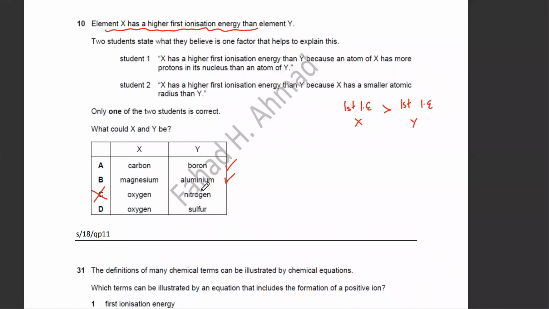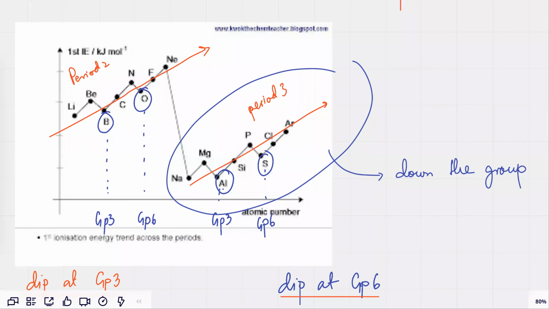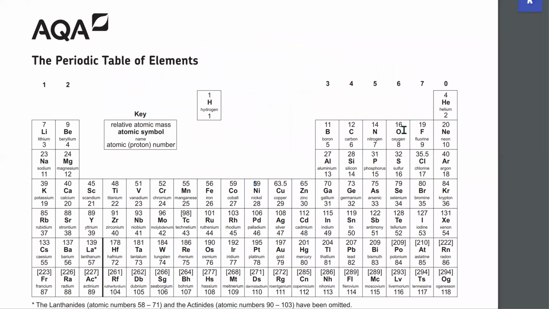Yes. Then you've got option D. Does the first fact match D or not? Oxygen and sulfur. Where are oxygen and sulfur? Oxygen should have a greater ionization energy. Looking at the periodic table, this is not across the period, this is down the group. What happens down the group?